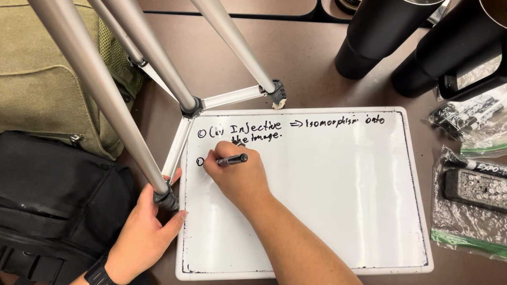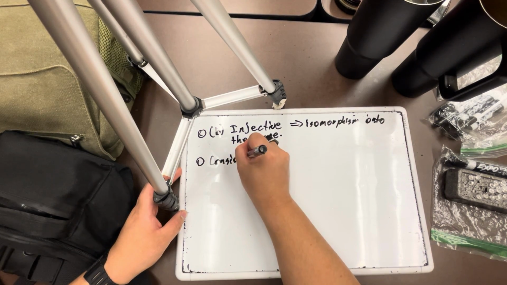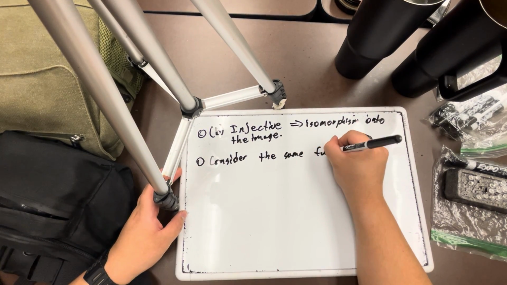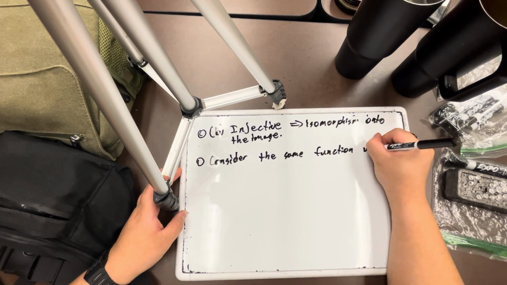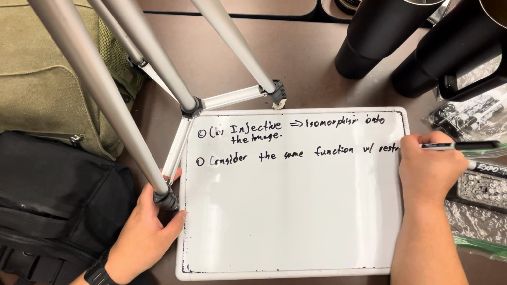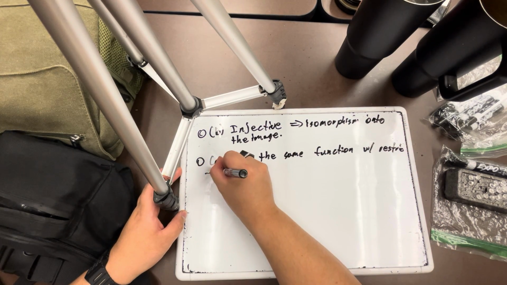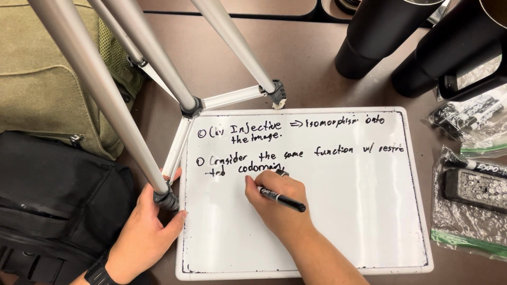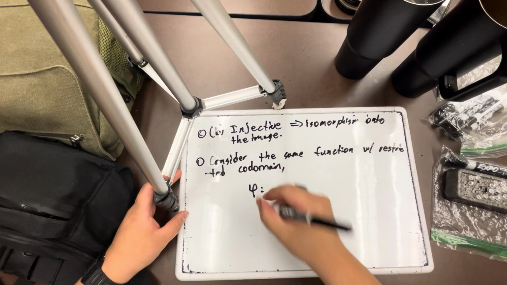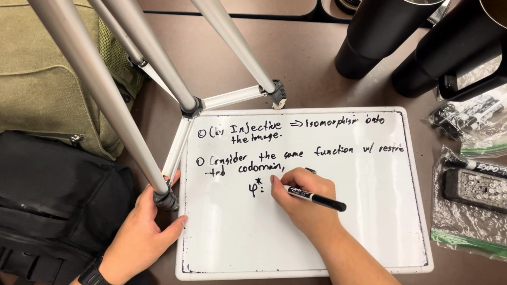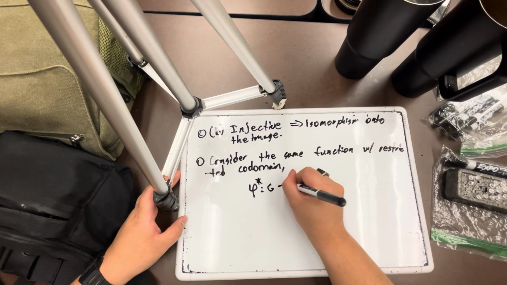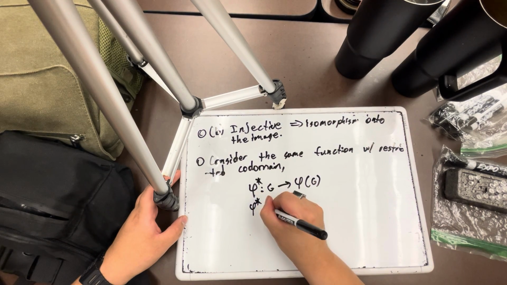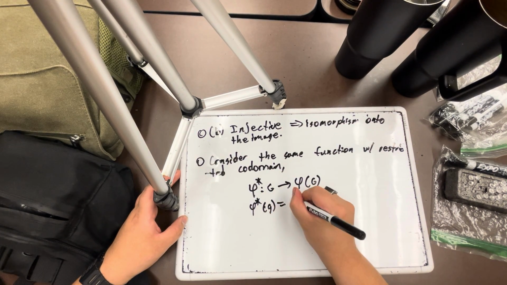So consider the same function with restricted codomain, such that we have phi asterisk is the map from G to phi of G, and phi asterisk of little g is equal to phi of little g.